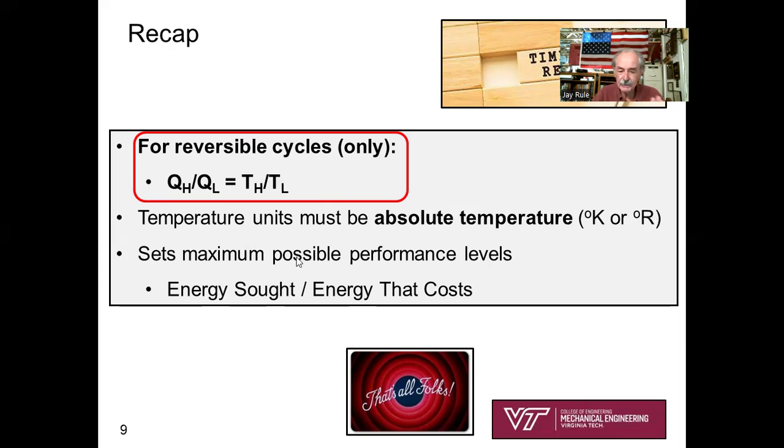And what's the benefit of this? What does it buy us as engineers? It sets the maximum possible performance levels, energy sought over energy that costs, for any system operating in a cycle. And so that's what I've got for you. That's a very powerful relationship that enables you to calculate one performance measure.